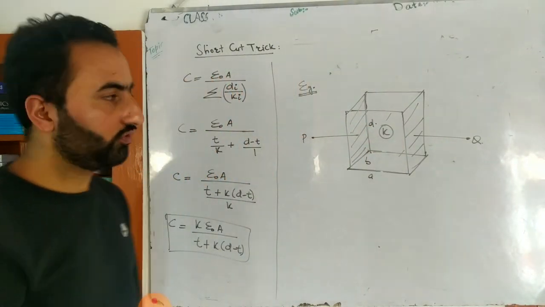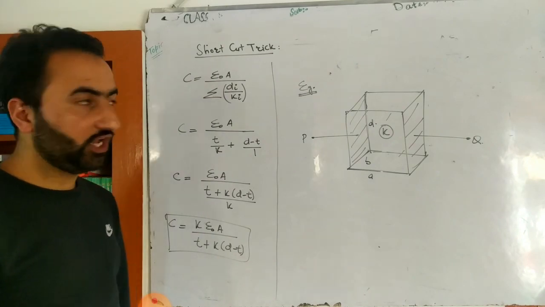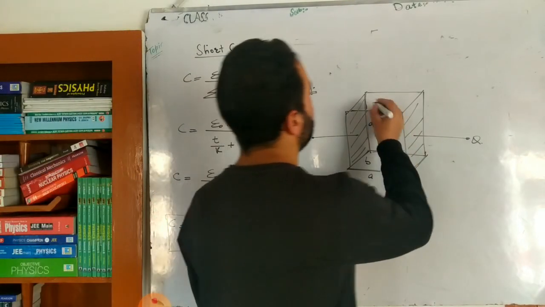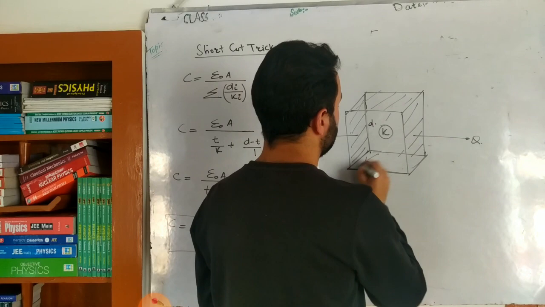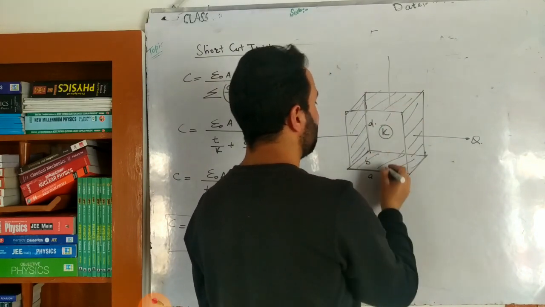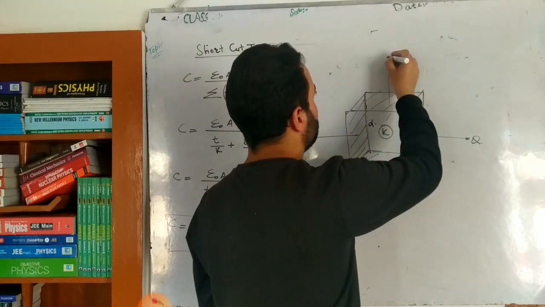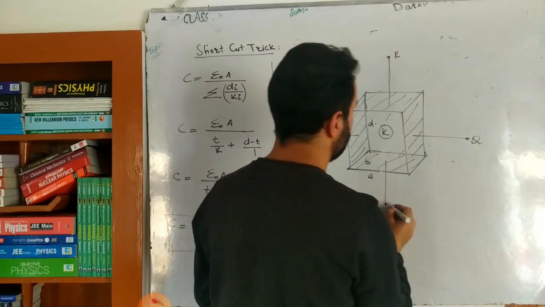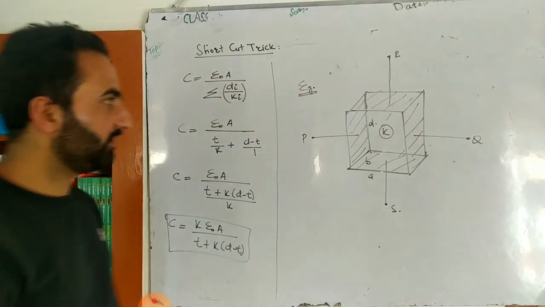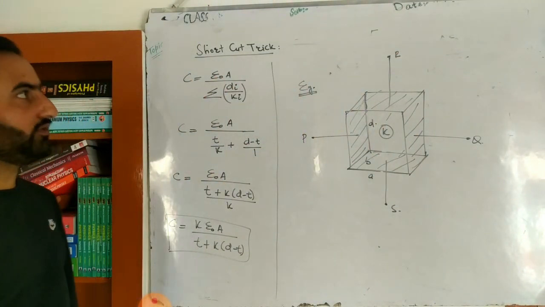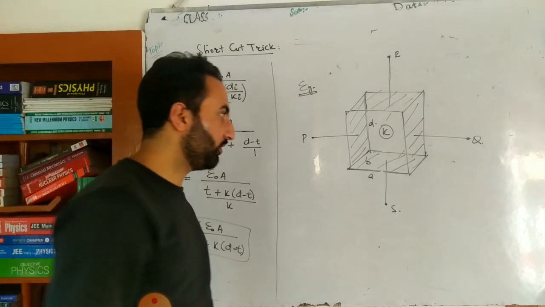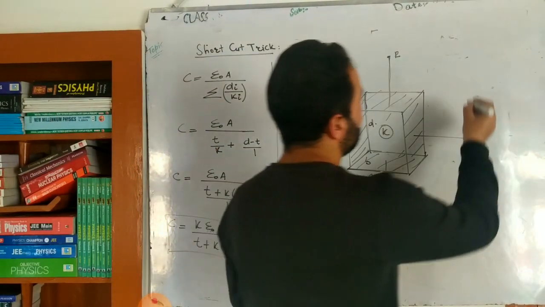A, B, and d. Now the question is to calculate the capacitance between the points P and Q. If it is, for example, coated on this face and this face, and then these are the two terminals. Suppose this terminal is R and this terminal is S. Now the question is to calculate the capacitance between the points P and Q and between the points R and S. Okay. So what is the capacitance of the parallel plate?